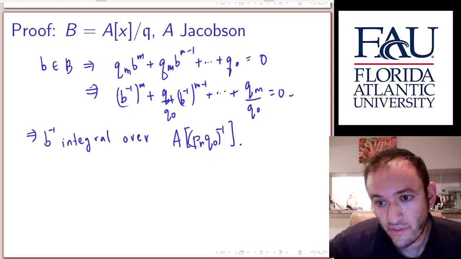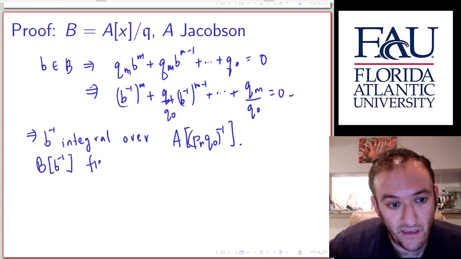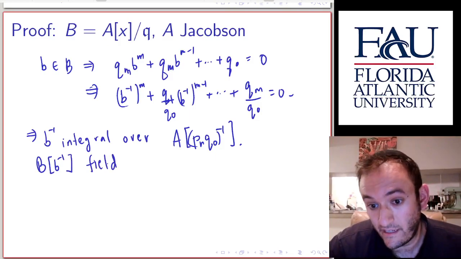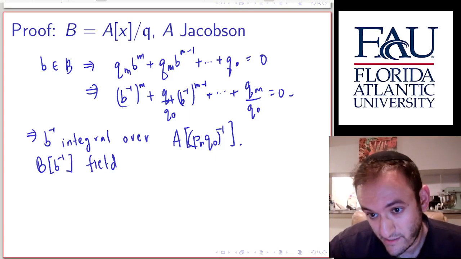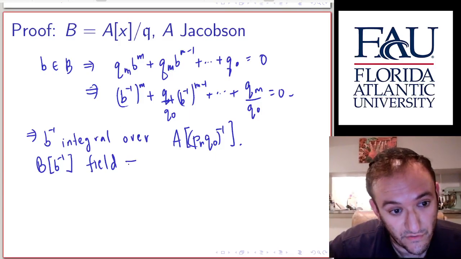So we already know that B adjoin B inverse is a field, so what we have is an integral extension of integral domains. The top one is a field, so that means the bottom one is also a field.